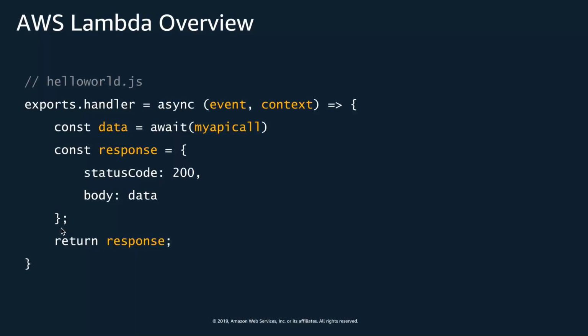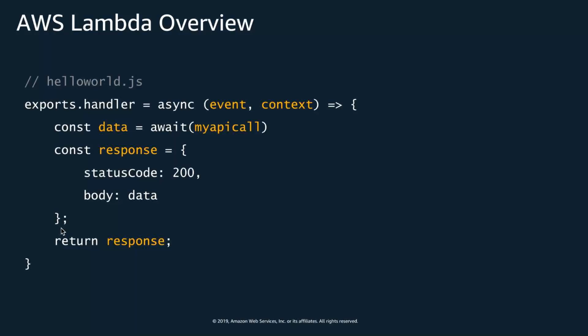The event has all the information about the function's event. So if you pass in any data as an event body, for example, or you pass in any arguments, all of that is going to be available on the event. You'll also have information about the user. For instance, if you have an authenticated API, you'll have user information about that authenticated user available on the event. And then the context has the execution context.